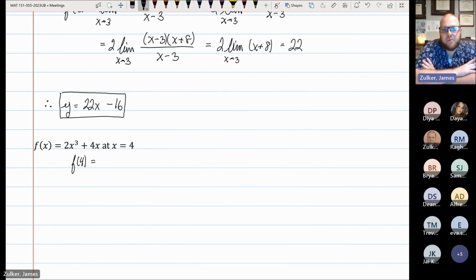Let's first find f of 4. Four cubed. 2 to the 6th times 2 to the 7th. 128.